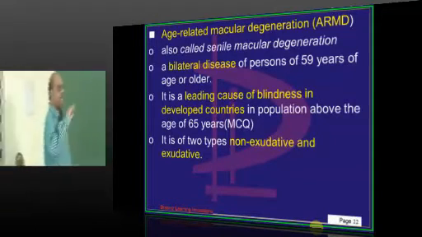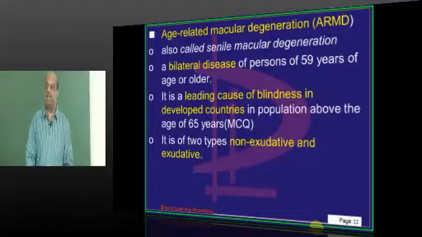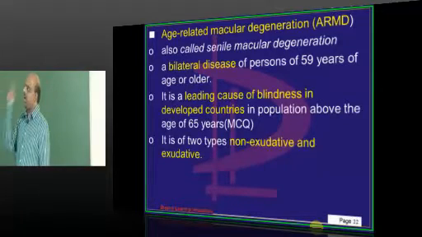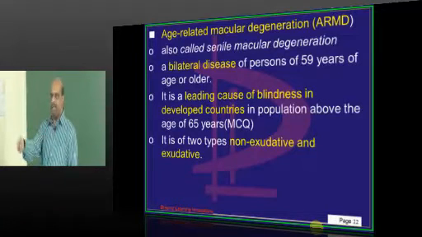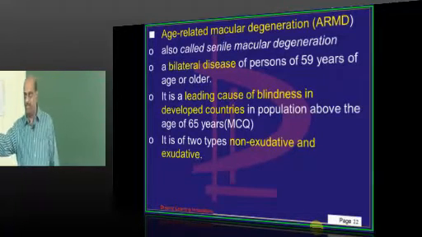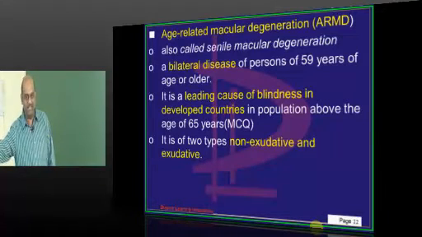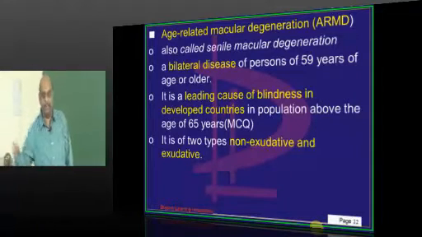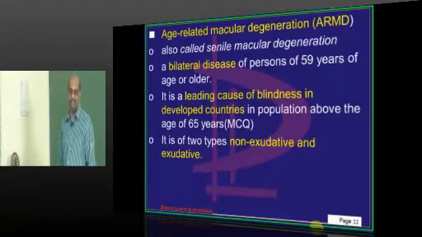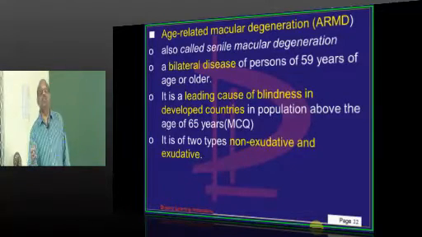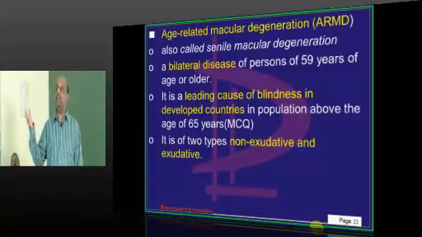Now, age-related macular degeneration. What is the common question asked by the examiner? If you are in India, cataract is responsible for blindness in elderly people in developing countries. If you are in America, then what is the most common cause of loss of vision in elderly people in developed countries?